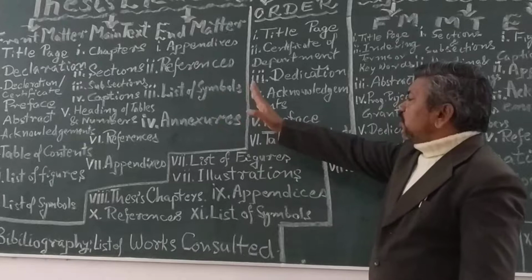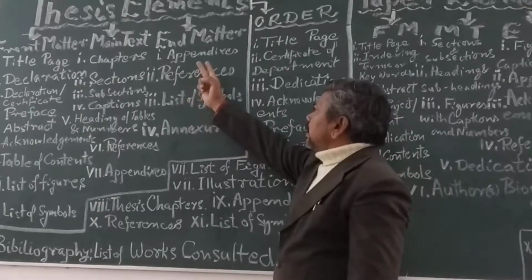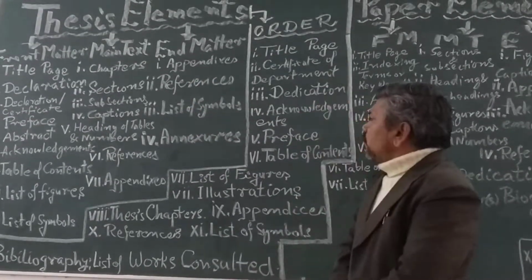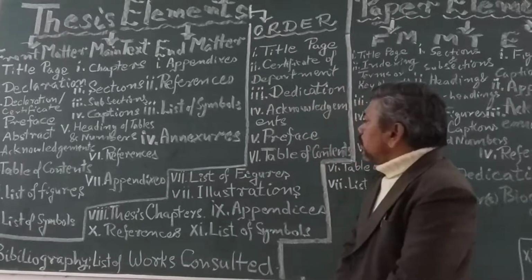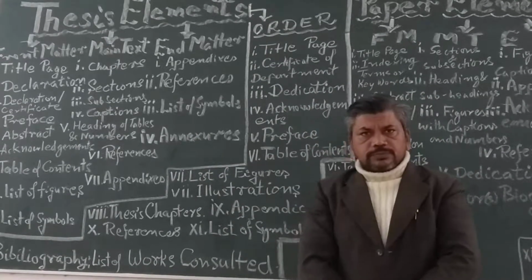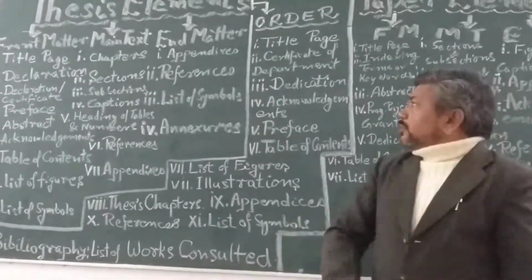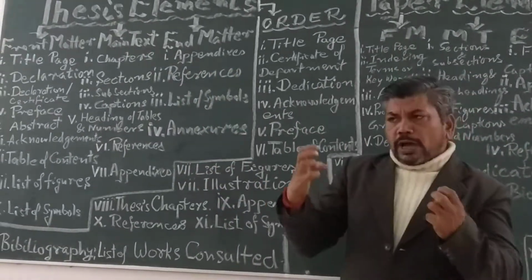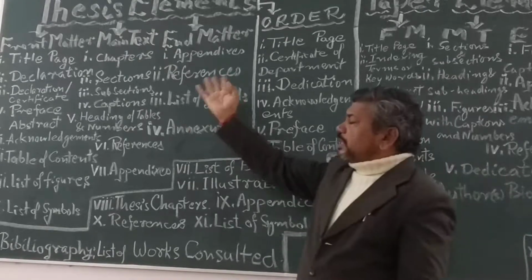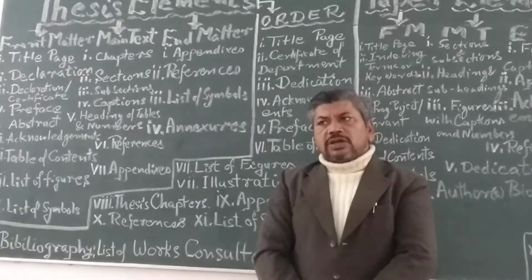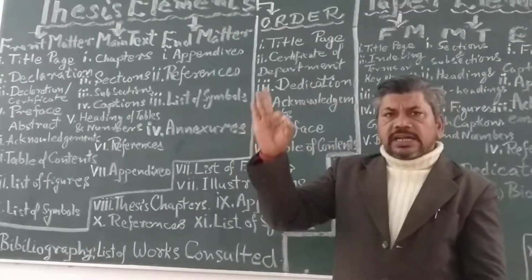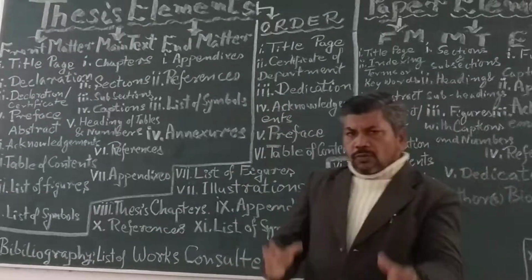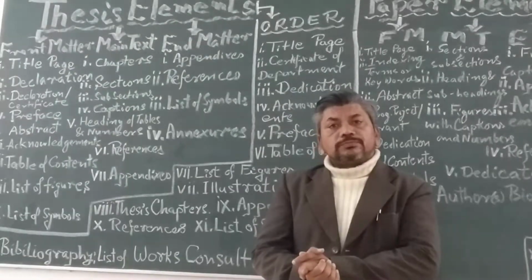The third major part of the thesis is the end matter, and that is appendices, references, list of symbols and annexures. Clear? While talking about appendices, what we are going to add there, there is also something called indexing. Indexes will be there. What do indexes do?